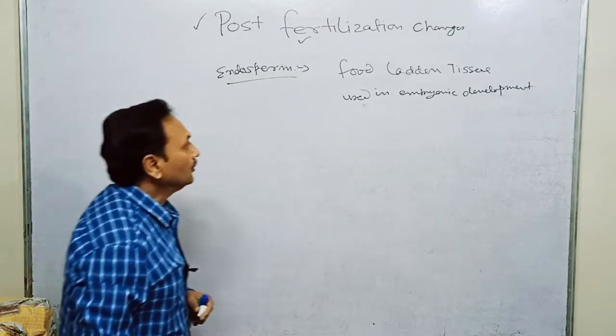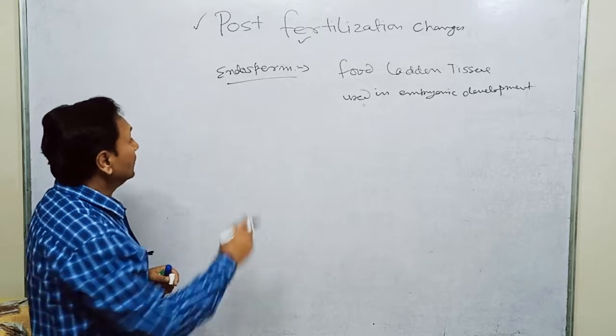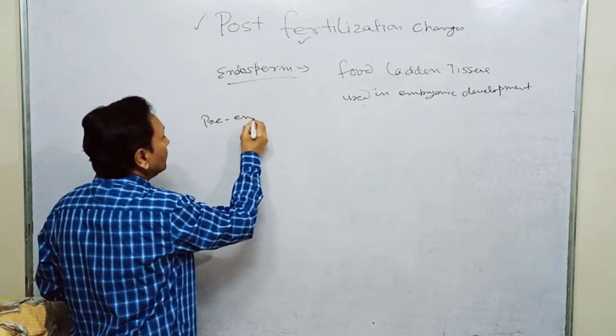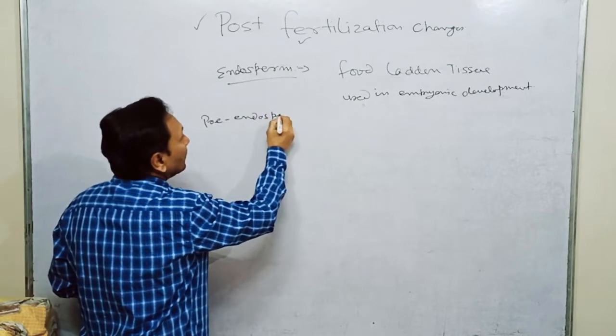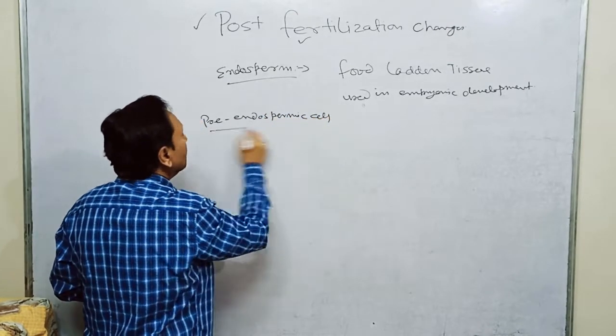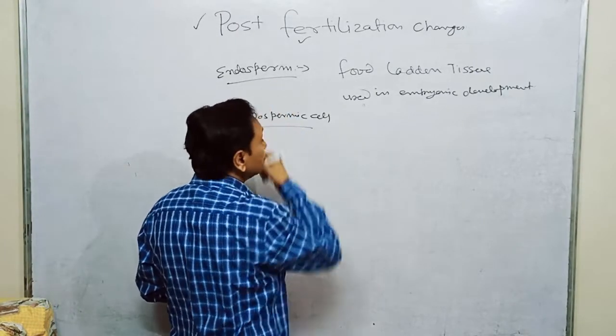Now, on the basis of the division of the pre-endospermic cell, endosperm is of 3 types.